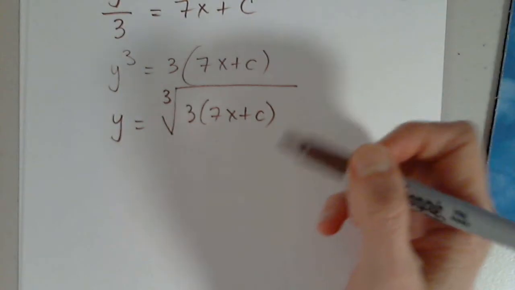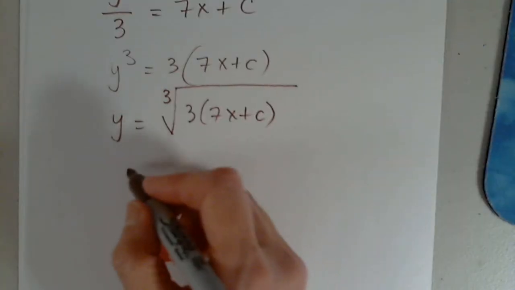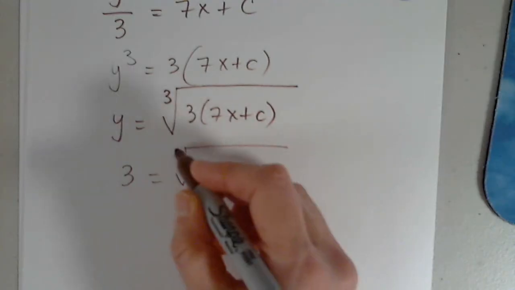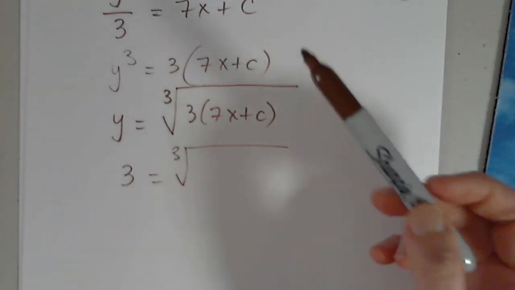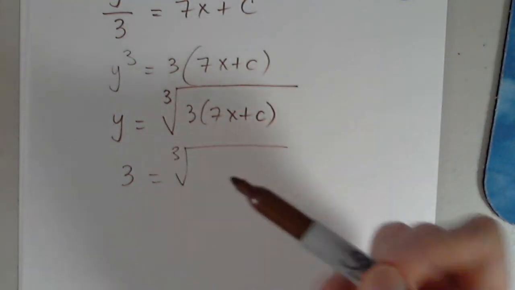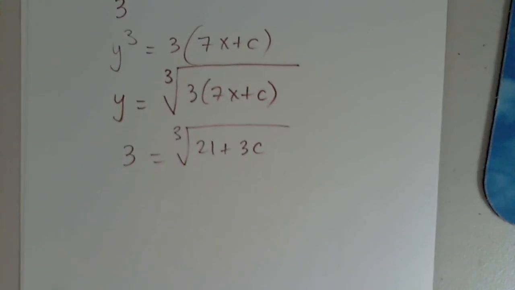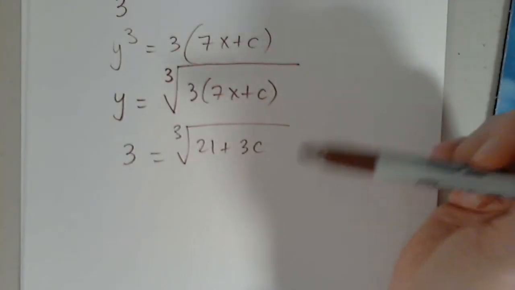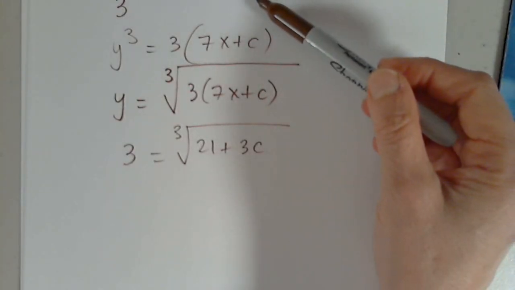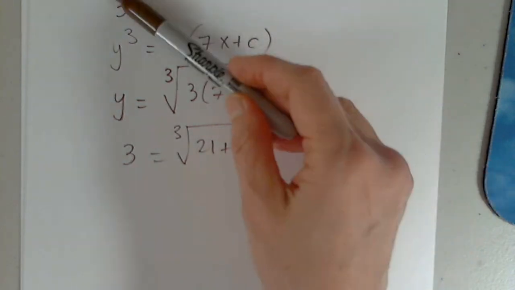Okay, I'm told that when x is 1, y is 3. 3 equals the cube root of 21 plus 3c. Again, it could be better maybe if I do it here with x equals 1 and y is 3.